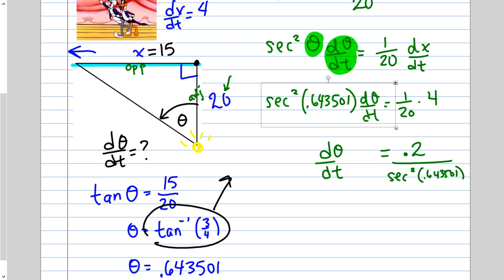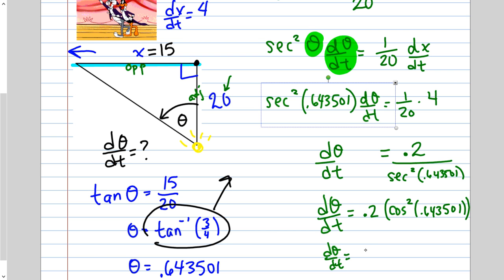So that secant squared being in the denominator is a gift because I can just convert it to cosine, and when doing so, it's not going to be in the denominator anymore. It's going to be part of the numerator, so it's on top now. So I can use cosine instead of secant, and I get rid of the fraction all in one. So cosine squared of 0.6435501, and now I get to multiply that in my handy dandy calculator, right? Because this is a calculator question, there is no doubt.